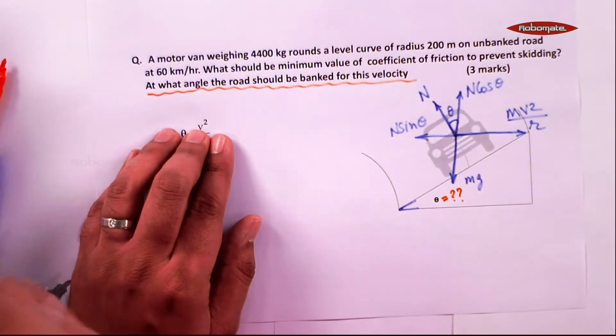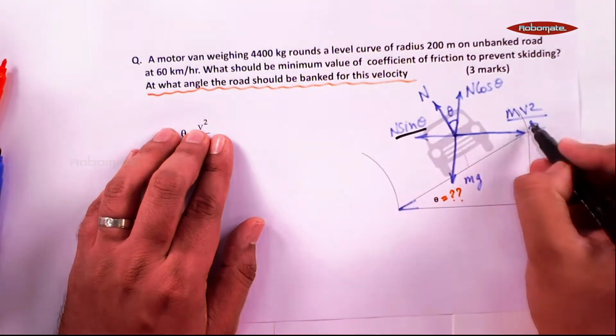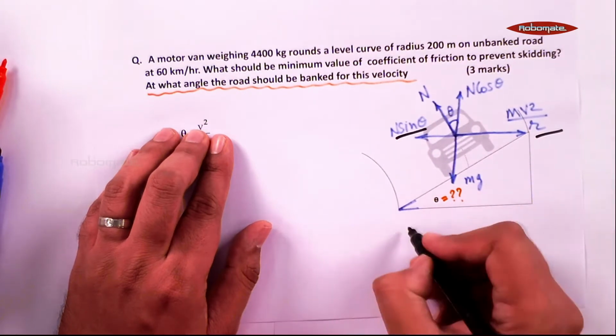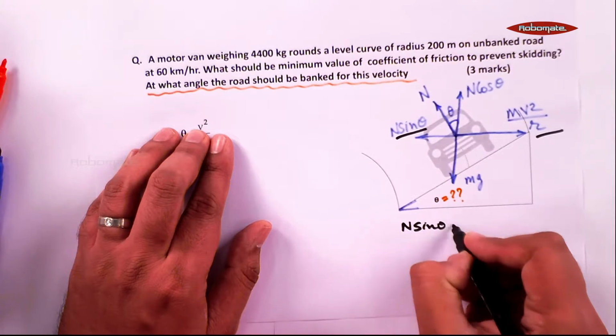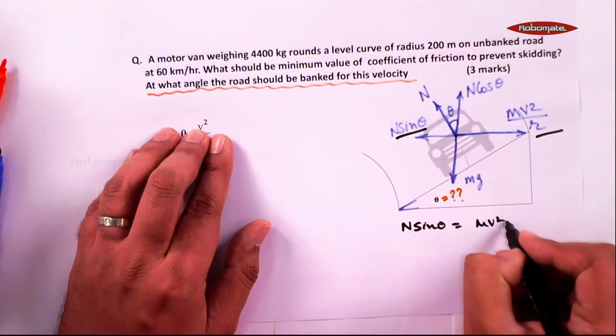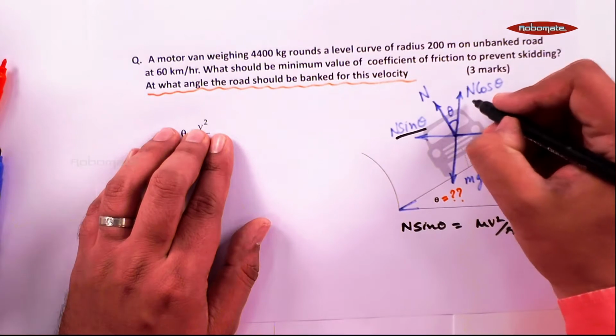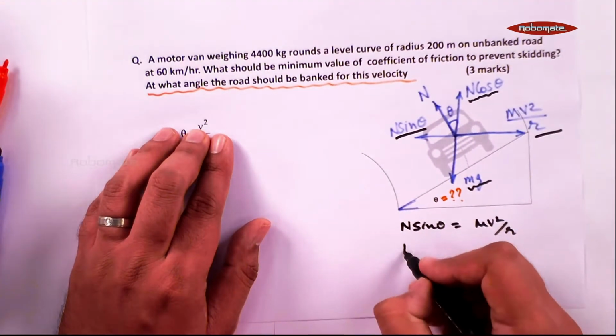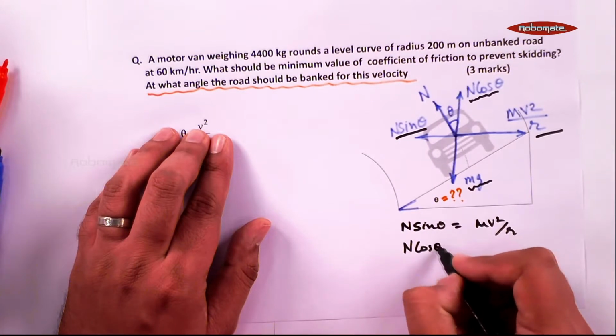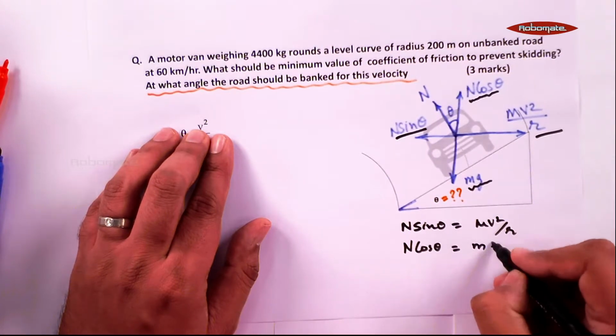Since it is in equilibrium, the horizontal and horizontal forces are equated. So I get n sin theta is equal to mv square by r, and the vertical and vertical forces are equated. So we get n cos theta is equal to mg.